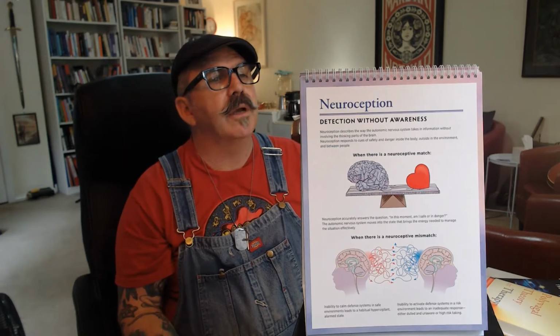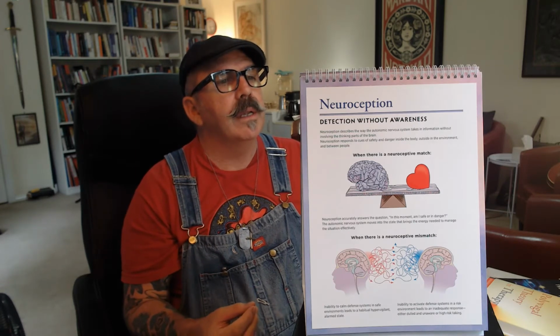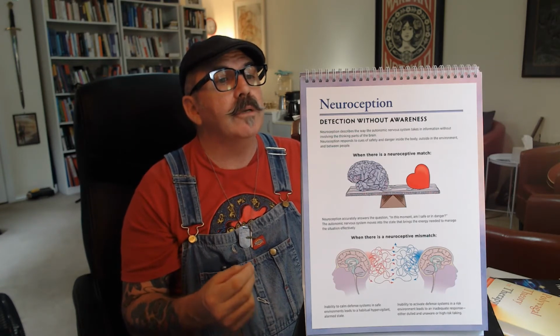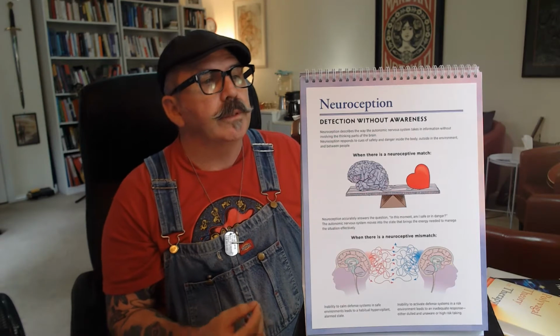Neuroception, the internal surveillance system, searches for cues of safety and danger inside, outside, and between. Neuroception listens to what biological systems are doing inside the body and what is happening in the immediate environment, out into a larger environment, and to what is happening in the relationship between people, between nervous systems.